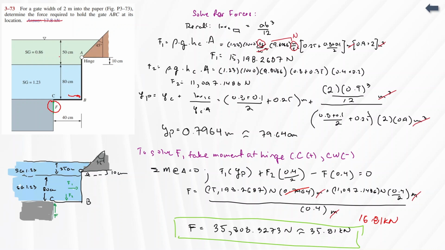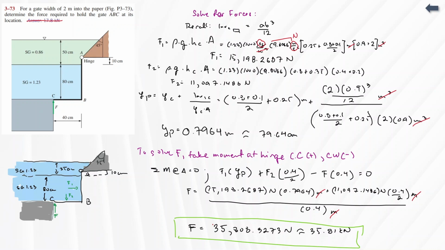No, wait a minute. I think I made another mistake. So that should be 0.7964. That's the length of YP to the surface. That should be minus 0.4. Now you multiply that by 15,198.2687.